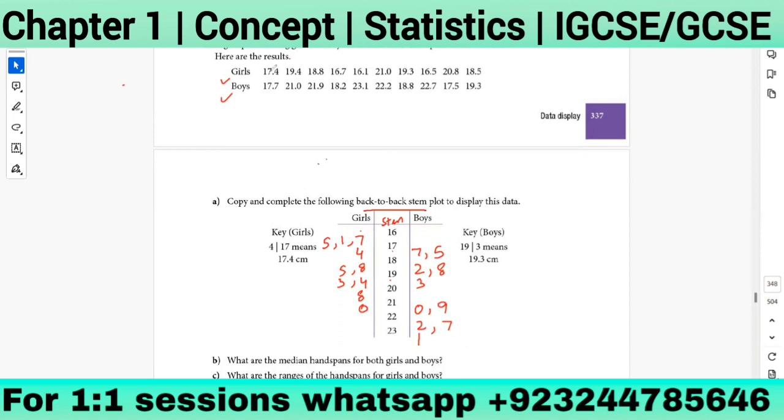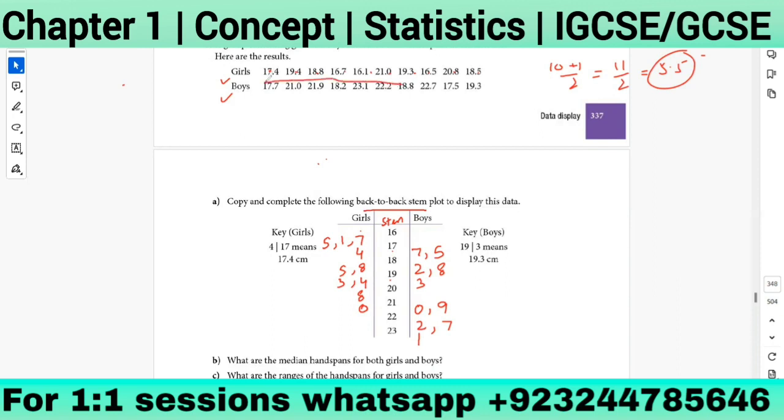What is the median for girls? 1, 2, 3, 4, 5, 6, 7, 8, 9, 10. So 10 plus 1 by 2 is 11 by 2 is 5.5. So the 5.5th term, but we need to arrange the data.